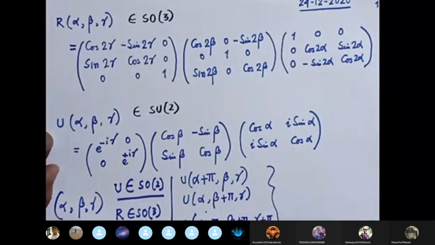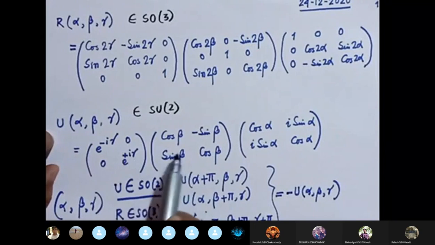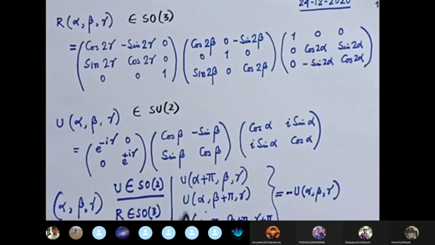All these things are equal to minus u of alpha beta gamma. Clear? Because by shifting every parameter by pi, each matrix gets a minus 1 sign.